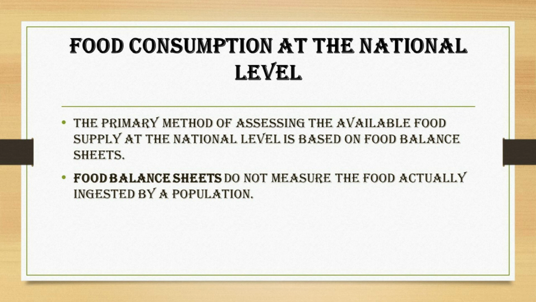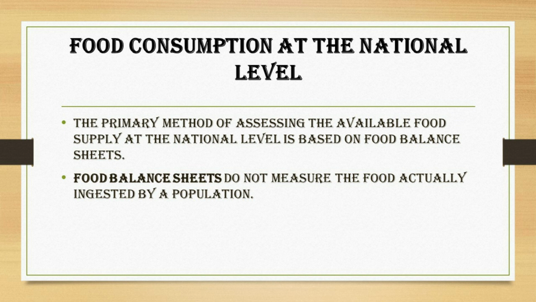The primary method of assessing the available food supply at the national level is based on food balance sheets. Food balance sheets do not measure the food actually ingested by a population.